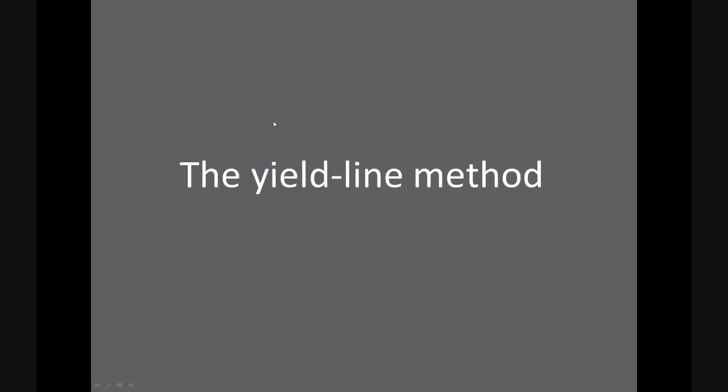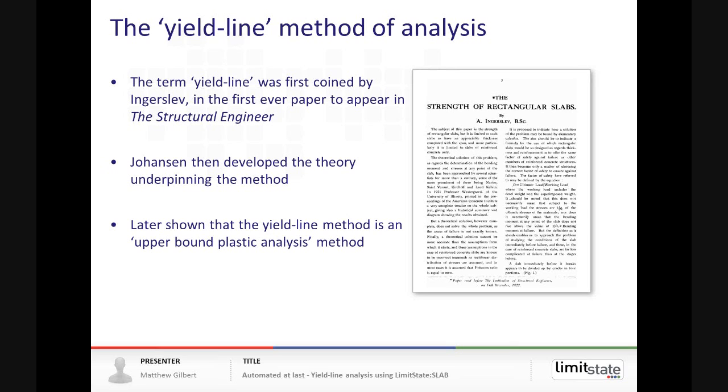Okay, so let's spend a few minutes just looking at the yield line method. It seems that the term yield line was coined back in the 1920s by Ingerslev, and actually there's a paper that appears in the Structural Engineer in 1922 on the strength of rectangular slab, which seems to be the first paper to mention the term yield line.